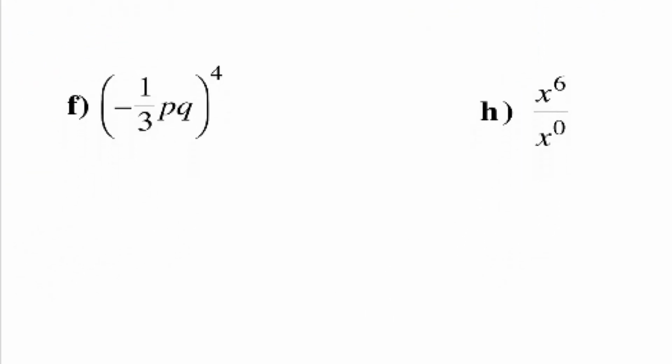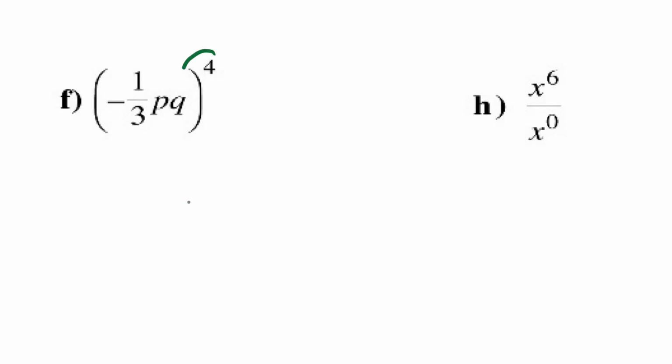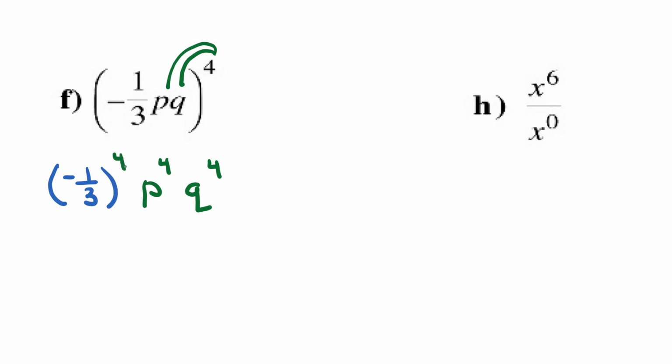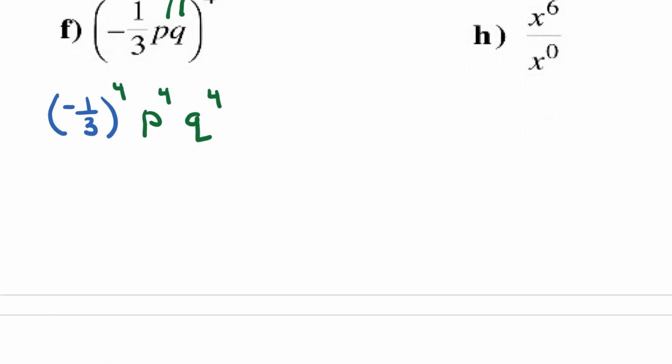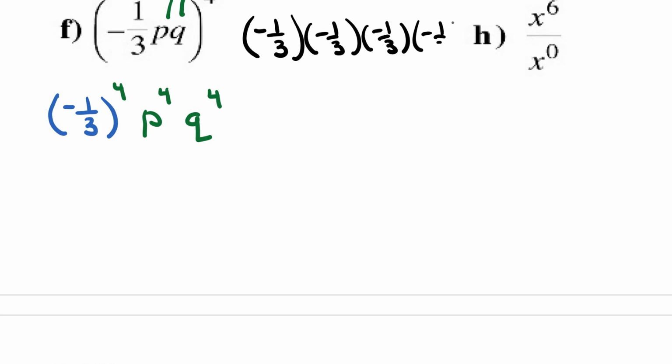Okay, let's move on to letter F here. If I go backwards here again, that will be a q to the power of 4, and then this will be a p to the power of 4, and then I have this negative 1/3, all being raised to the power of 4. Okay, so now we've got to figure out what this negative 1/3 to the power of 4 is. So if you think about that, that's the same thing as negative 1/3 times negative 1/3 times negative 1/3 times negative 1/3.